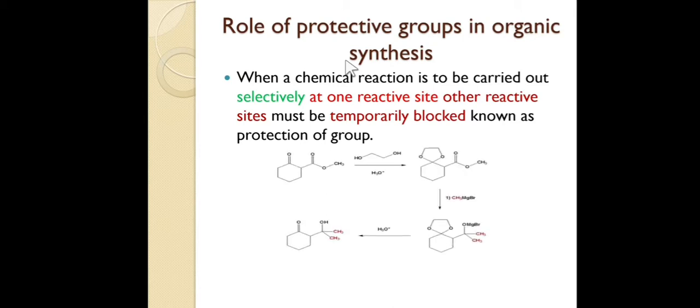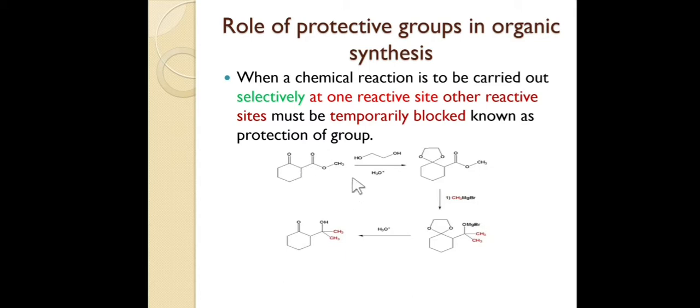If I have this compound in which I have a keto as well as an ester functional group. Okay, so I have multiple functional groups in one compound. In that case, if we want to selectively do a reaction on any one of these functional groups, then we need to block the other group.